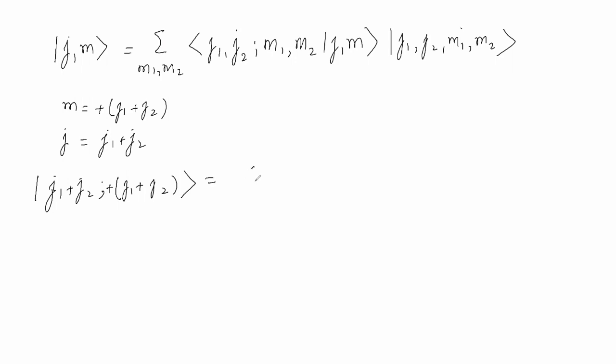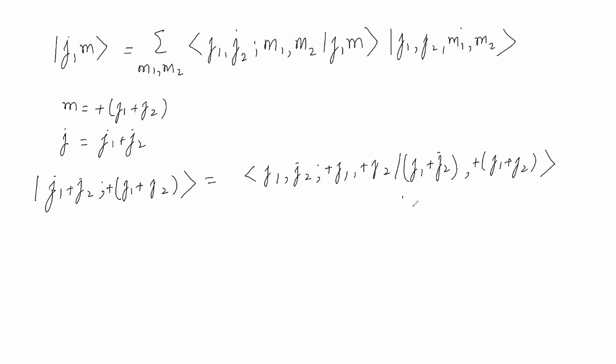This is equal to J1 J2, plus J1, plus J2, J1 plus J2, plus J1 plus J2, J1 J2, plus J1, plus J2. You see what I have done? I have considered the maximum projection.